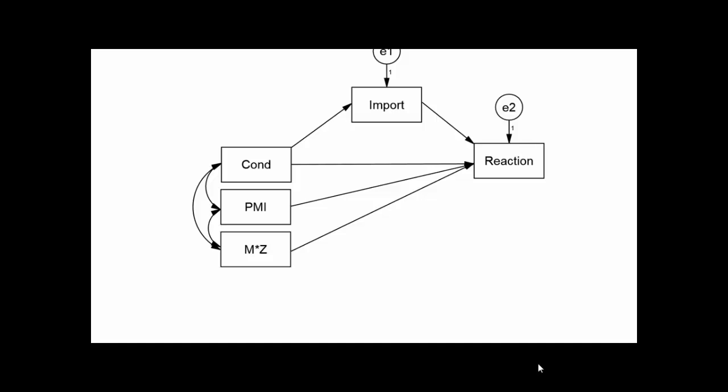Well, the answer is this, and it's right up here at the top at these E1 and E2 variables. What these E's represent are, for example, unexplained variation in import. And by unexplained, I mean not predicted by condition. And again, we'll talk about these in a second. And E2 refers to the variation in reaction not explained by import or condition.